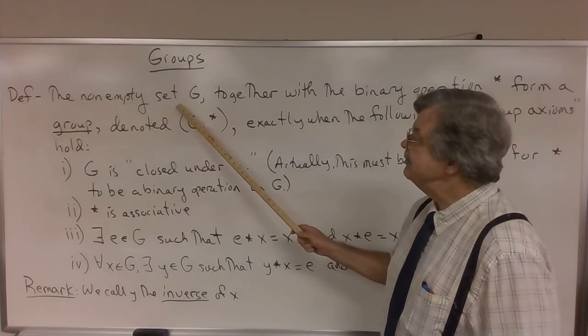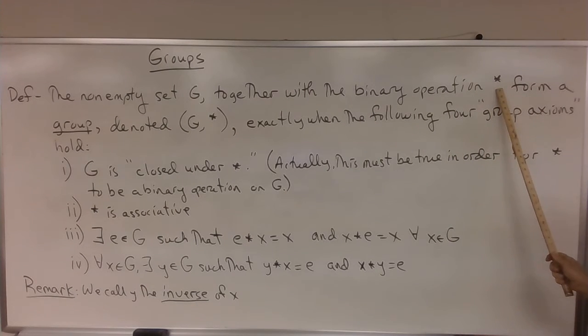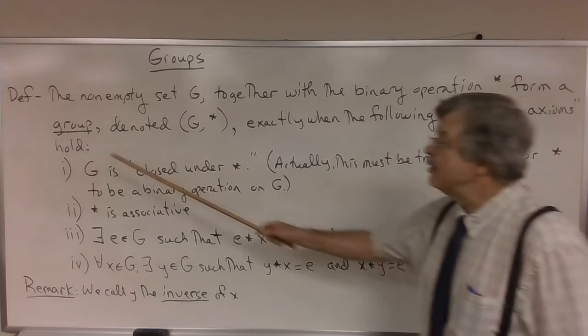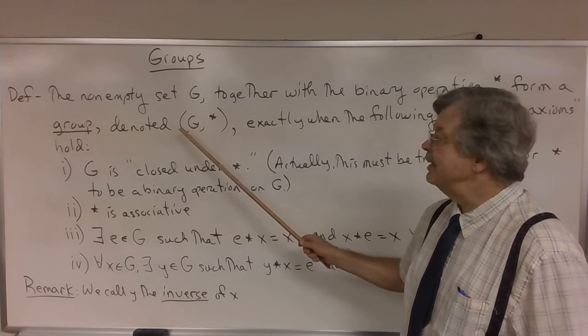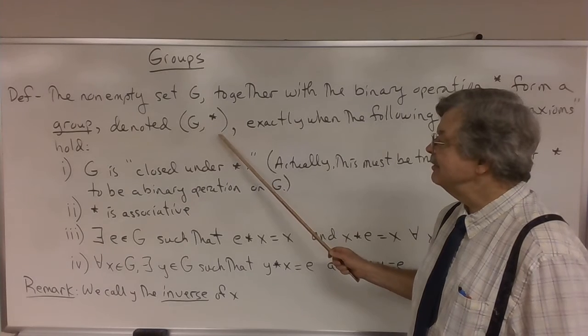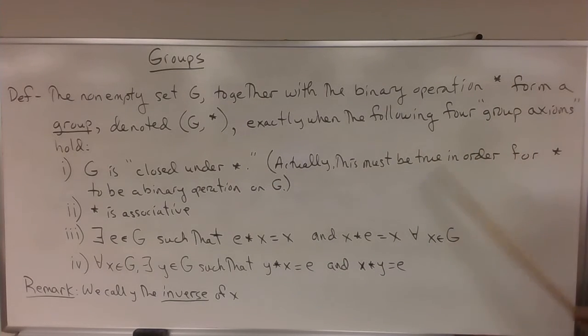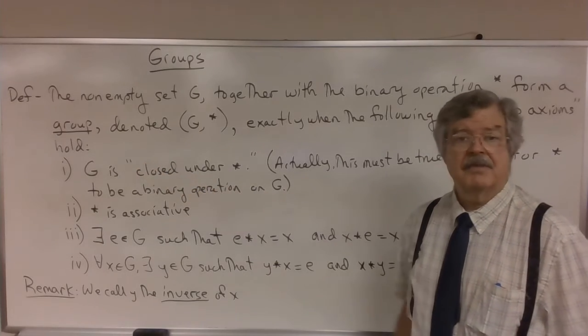The non-empty set G, together with the binary operation star, form a group denoted (G, star), exactly when the following four group axioms hold.